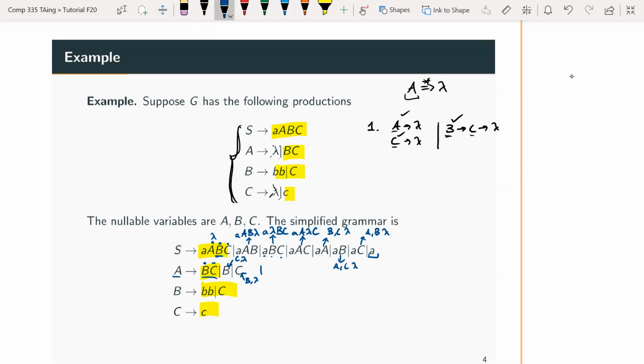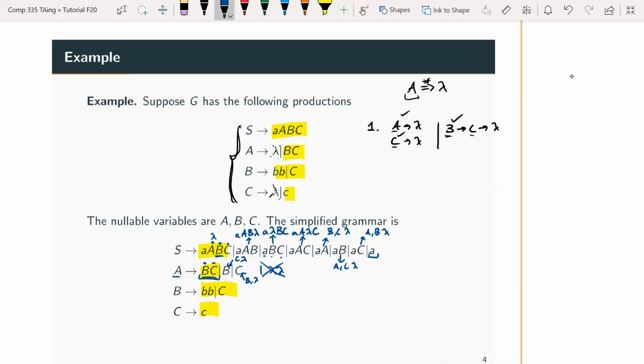You don't want to replace both B and C by lambda, because then you would get lambda, lambda, and you would get back a lambda production, and the whole reason for this process was to eliminate these. So the main tip here is, if you have only a sequence of variables like this, make sure you don't add the lambda production rule again, okay?